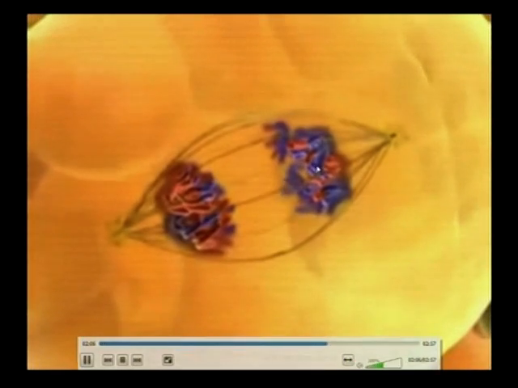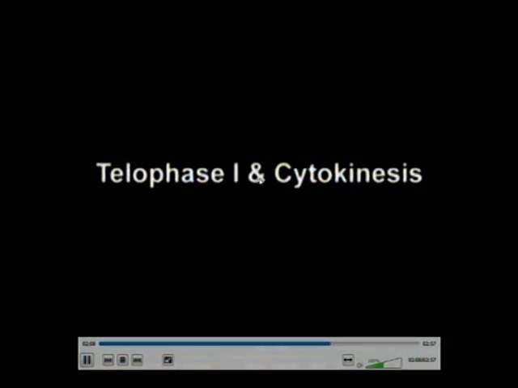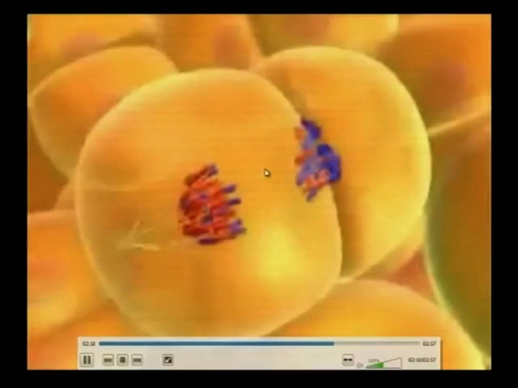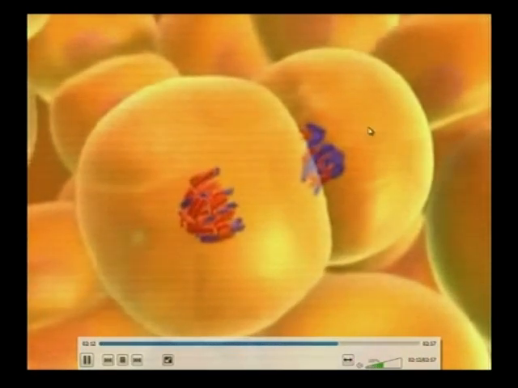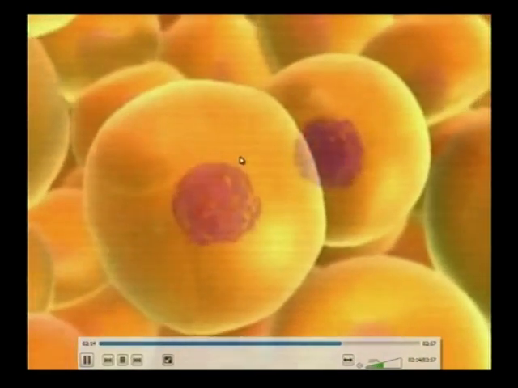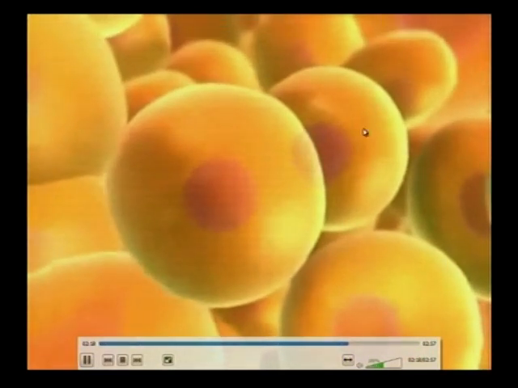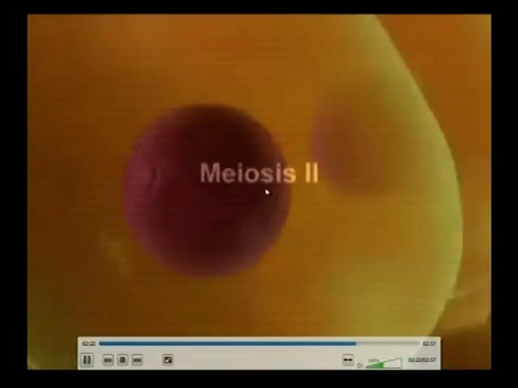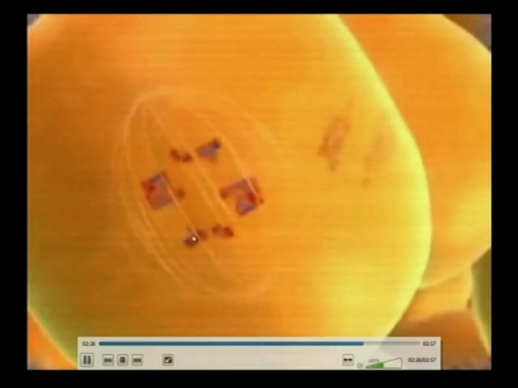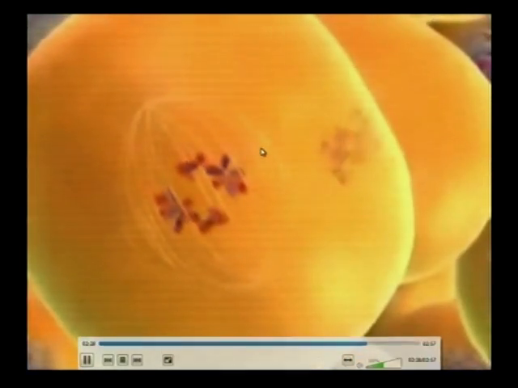Here they are separated and during telophase 1 they form 2 haploid cells. See, these are the 2 haploid cells friends, how wonderful they are. This is the end result of meiosis 1. Now we will see meiosis 2. Here also the nuclear envelope disintegrates and spindle fibers are formed.